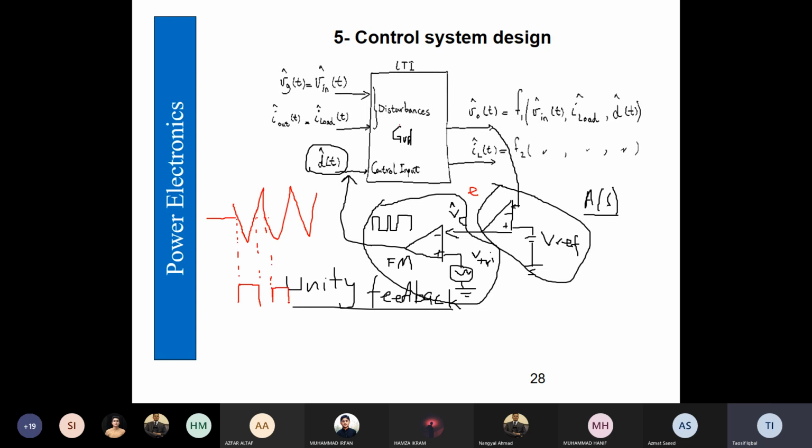So this is the PWM signal that is generated by the frequency modulator, and then this signal is given to the control switch.